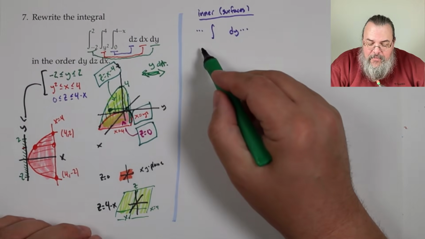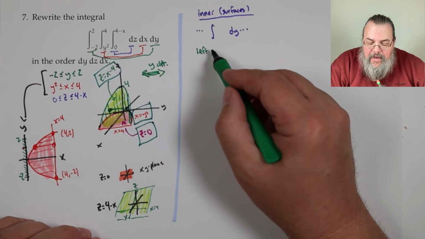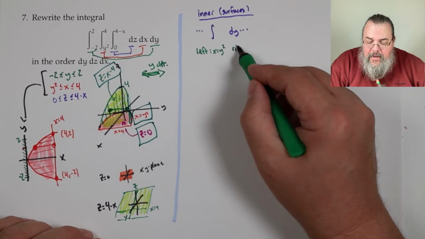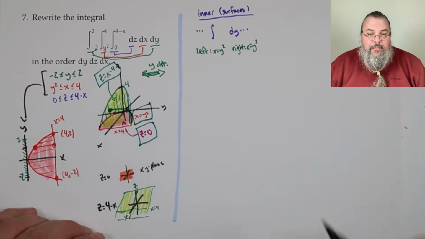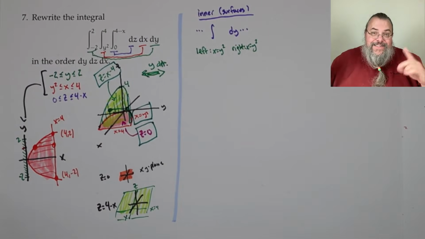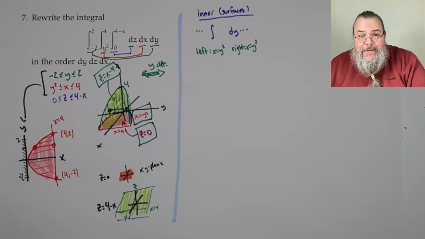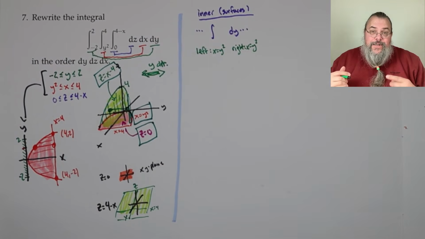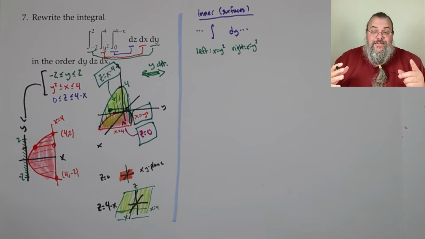So I'm sort of bouncing back and forth between the 2 parts that wrap around. So I hit on the left, I hit the x equals y squared. On the right, I hit the x equals y squared. And you're like, oh, that can't be right. Well, no, it's not, because we haven't solved it for y as a function of x. So if x equals y squared, what is y? y is plus or minus square root of x.